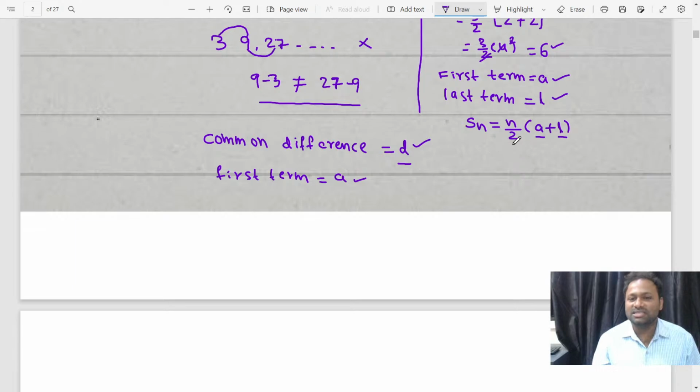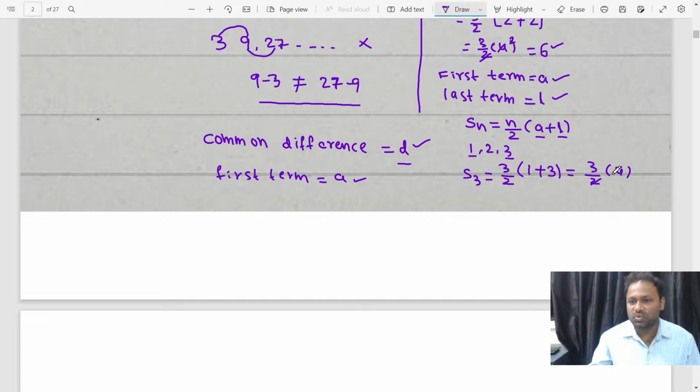Okay, I will check the same example by taking the previous one. What is the previous one? 1 2 3. Here S3 is equal to n by 2, which means 3 by 2 into A plus L. The first one we know, A is nothing but 1, plus L is nothing but 3. So here we got 3 by 2 into 4.